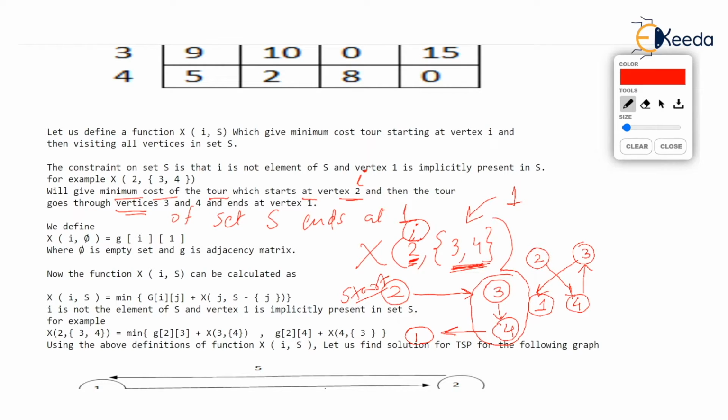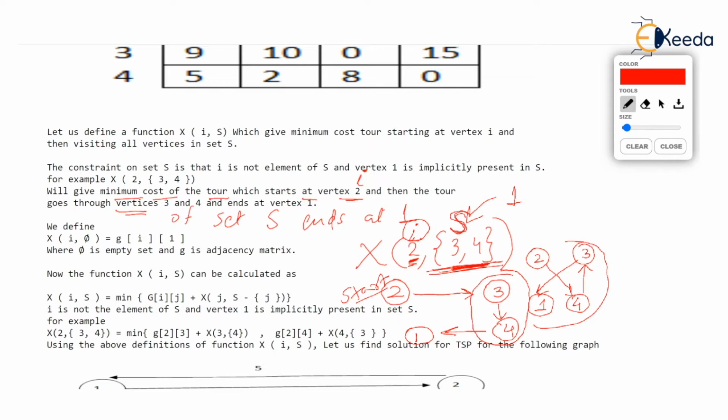Oh, yes, the set S. This is a set, isn't it? And in set, order doesn't matter. So we can take these two vertices, 3 and 4, as 3, 4 or 4, 3. That means two possibilities are there. If you start your travel from vertex I, that is 2, visit 3, 4 or 4, 3 and come back to 1. These are the two ways which I have marked over here.